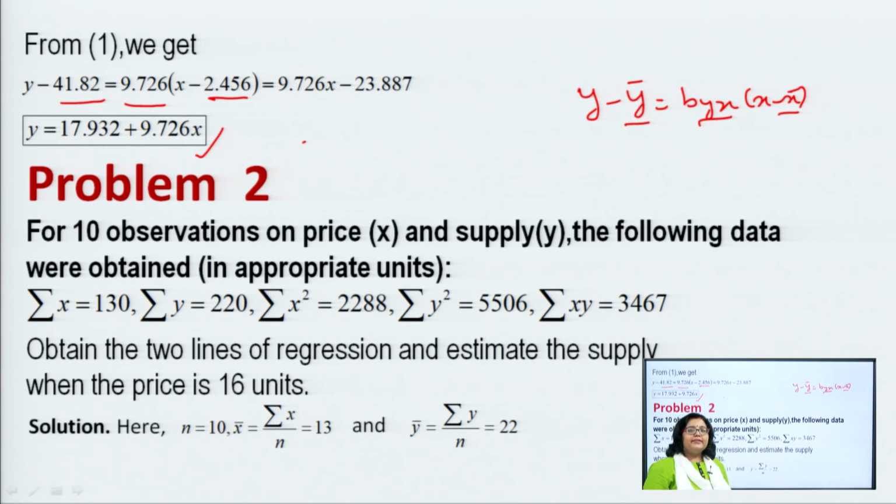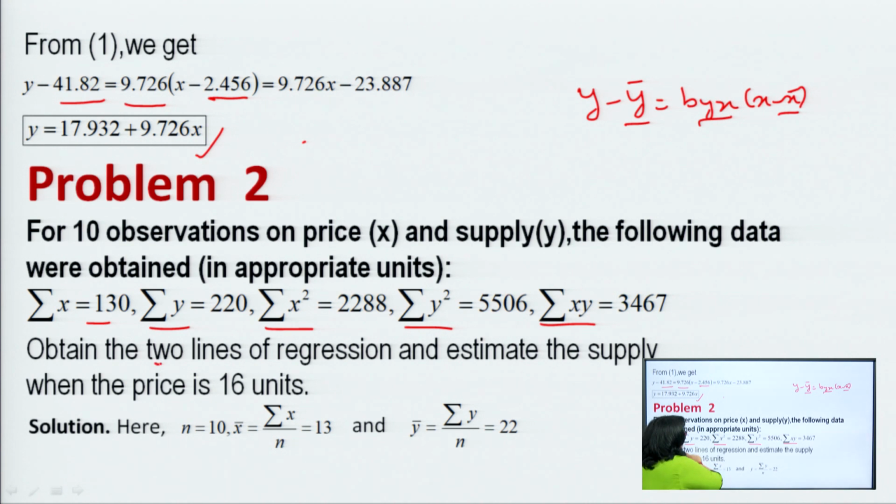It is y equals 17.932 plus 9.726 x. Now we solve the second problem. For 10 observations on price x and supply y, the following data were obtained. Summation x, summation y, summation x square, summation y square, and summation xy are given.